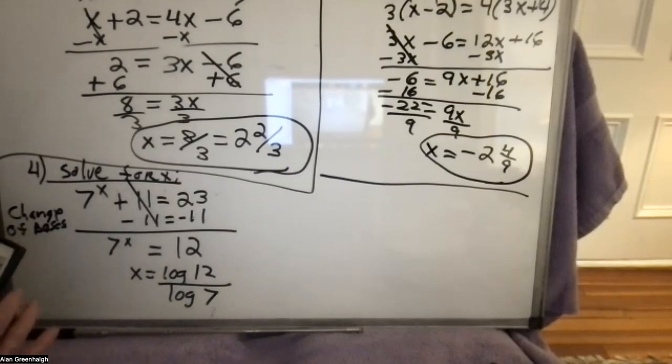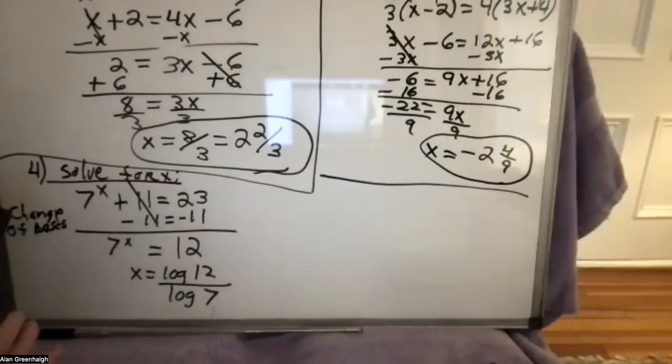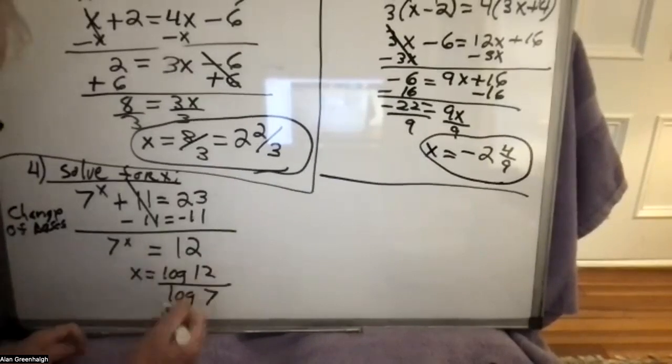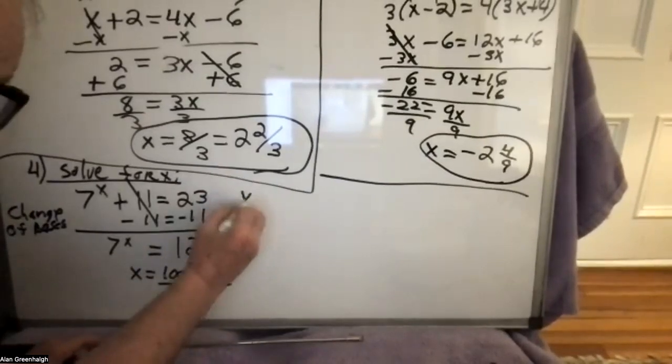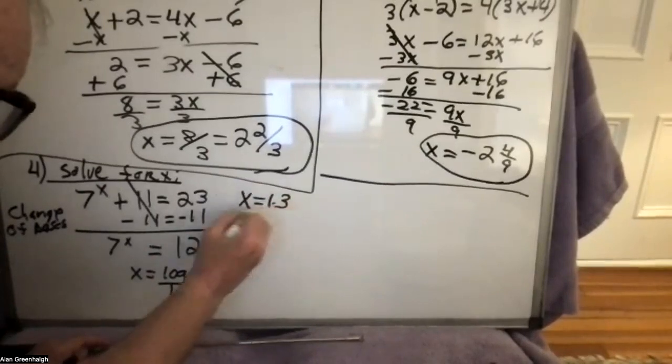Turn it on, clear it. Log of 12, close parentheses, divided by the log of 7, close parentheses, equals. And that comes out to 1.27, to the nearest tenth, good enough, 1.3. X equals 1.3.